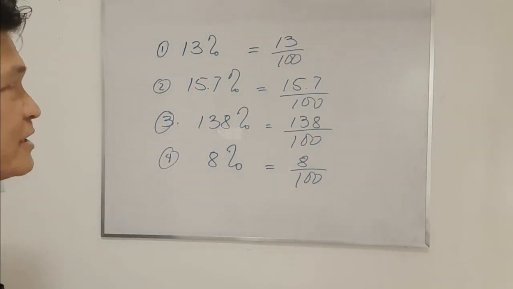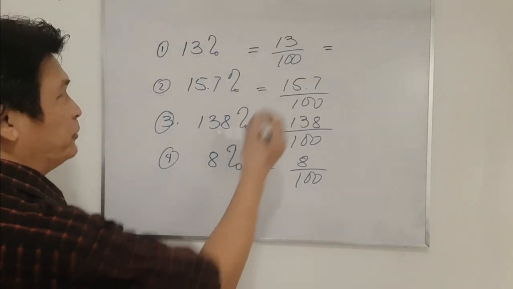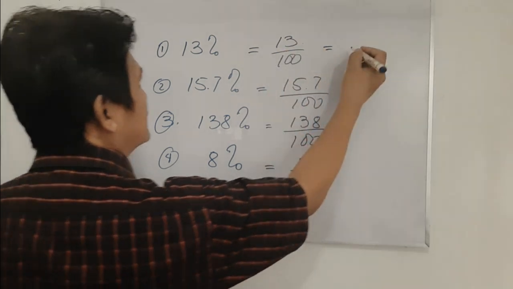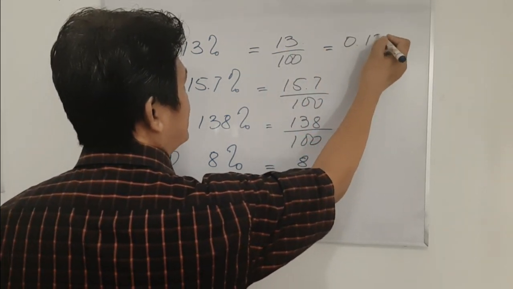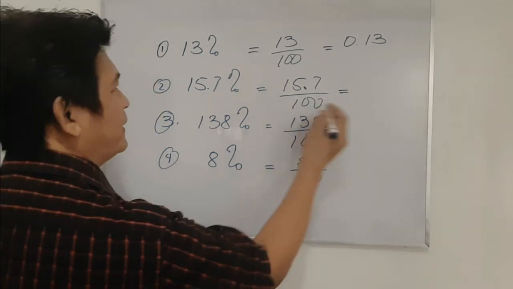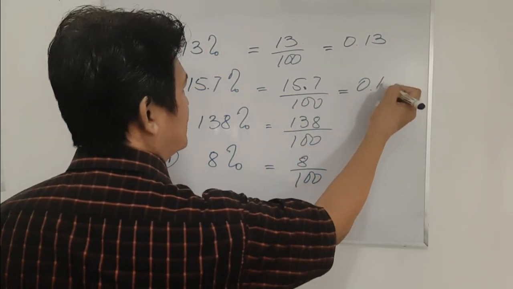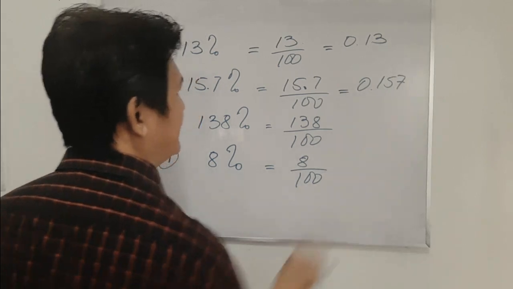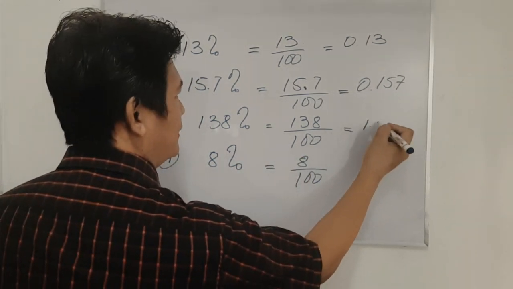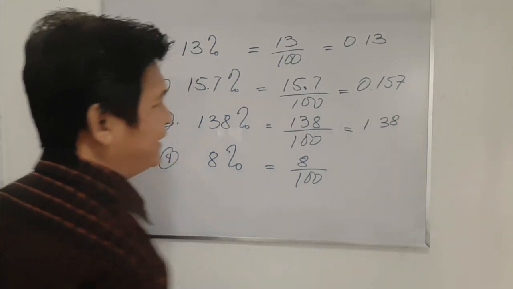And if you are going to express this into decimals, you move 2 places to the left. So that is 1, 2, that becomes 0.13. Your 15.7 becomes 0.157. Your 138 over 100 becomes 1.38.